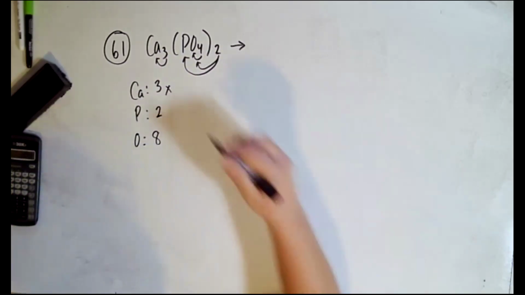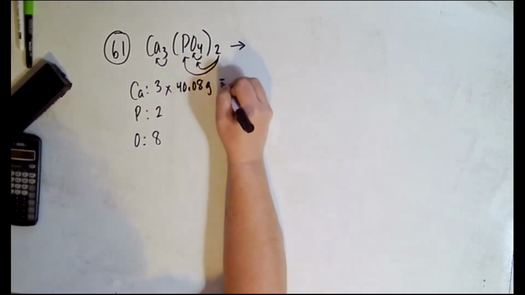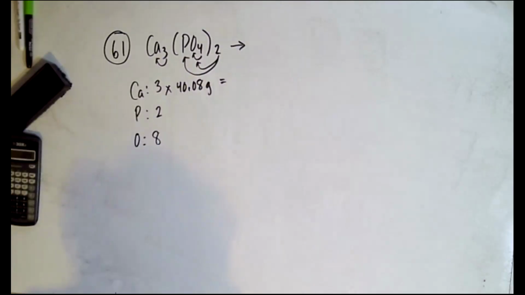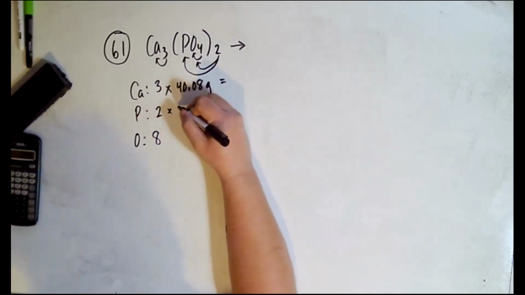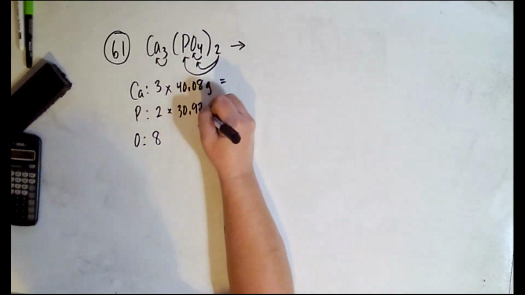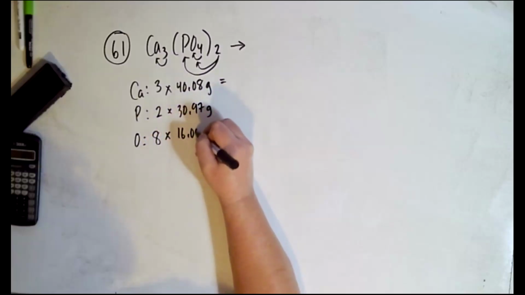So calcium is going to be 3 times 40.08. Phosphorus is going to be 2 times 30.97. Oxygen is going to be 8 times 16.